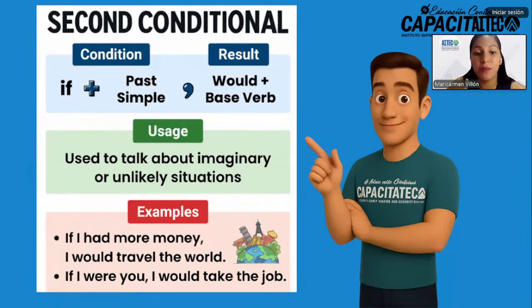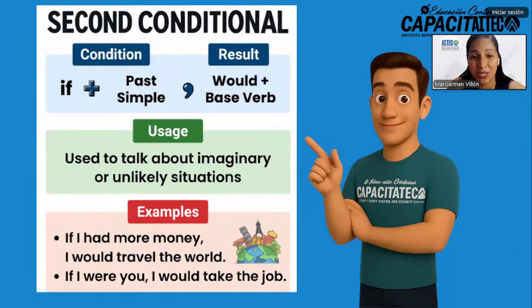If I had more money, verán ustedes que la condición está en pasado. If I had more money, I would travel the world. Es que si yo tuviera mucho dinero, yo podría viajar por todo el mundo. Entonces, condition, if, past simple, and the result, el resultado va con would.